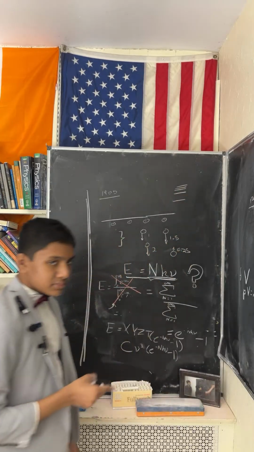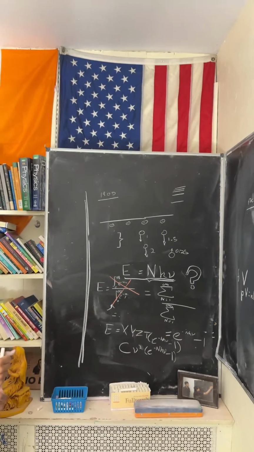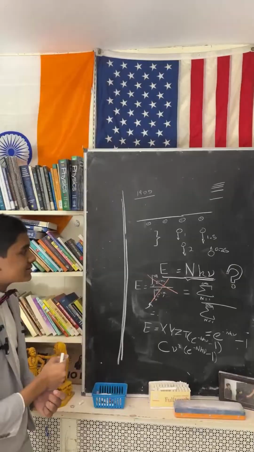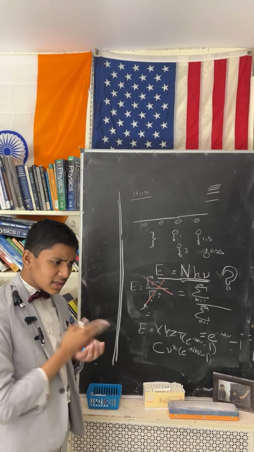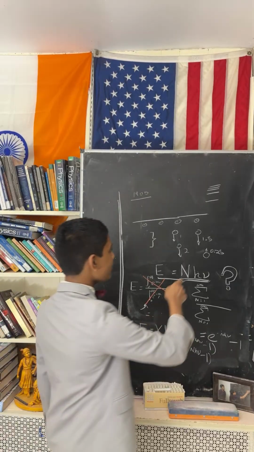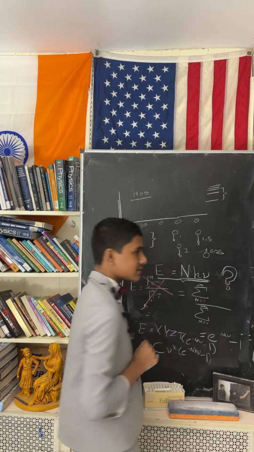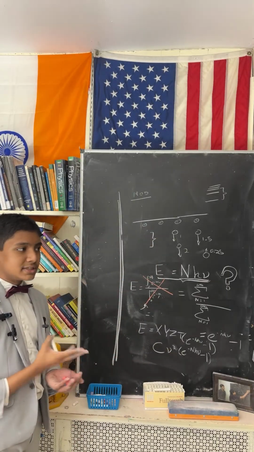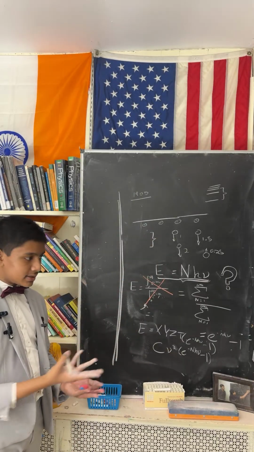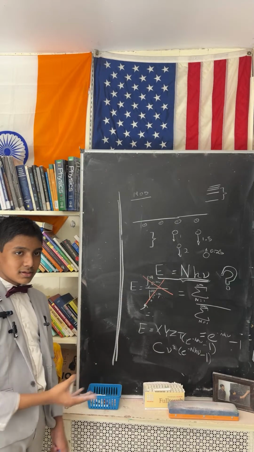And of course, what that implied was not just that the electrons were working on quantized amounts of energy, but that the light that was knocking them between the different energy levels had to have exactly that amount of energy stored inside it. And so the light's energy had to be quantized too.